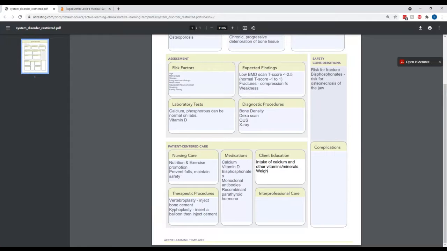We want them to do weight-bearing exercise. Weight-bearing exercise is when the body is working against gravity, so things like swimming are not going to be helpful for osteoporosis.